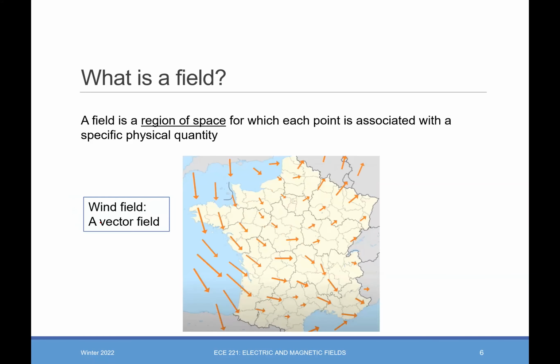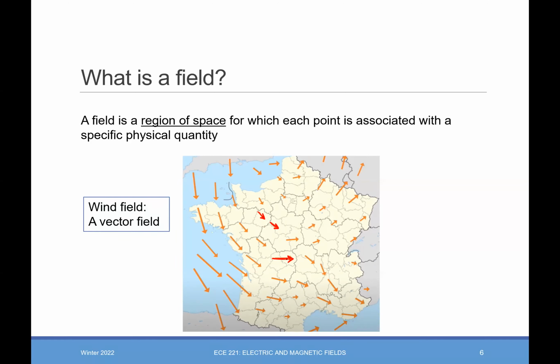Unlike scalar fields, there are some fields that have both amplitude and direction. For example, on the same map, you can define another physical quantity, like wind. In this region, the wind is in this direction, in this region it's in this direction, and here, this direction.